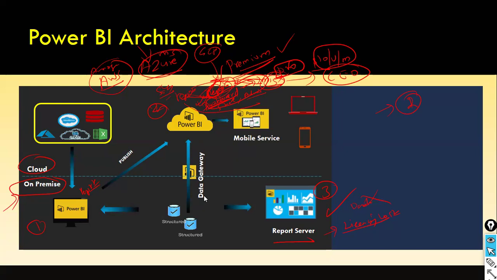And the next one is the data gateway. This is the fifth component. For example, the data is available in your office, on premises. Let's say, hypothetically, you created 130 reports here and published them to the Power BI Cloud service.